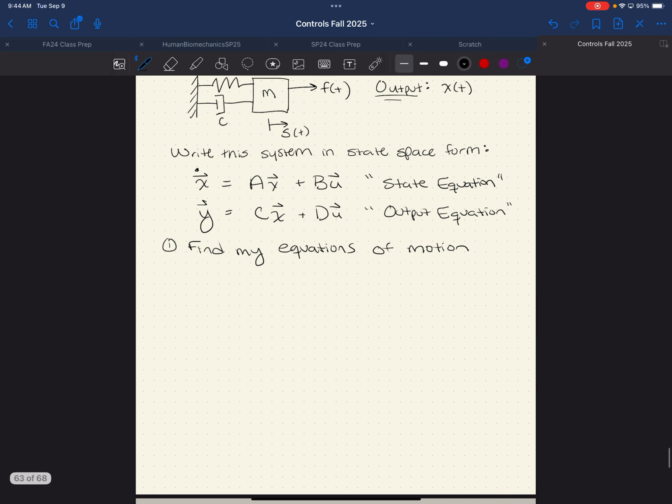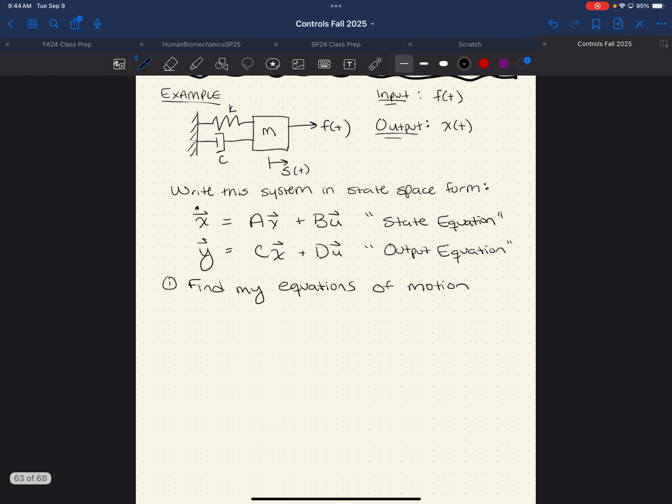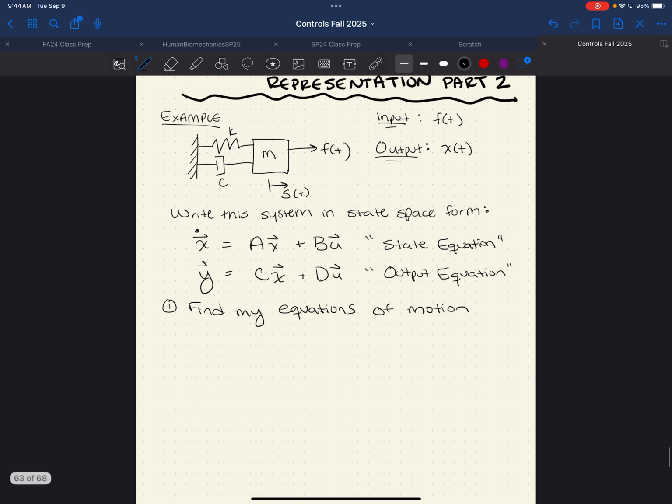So let's work through that. Is what's above, is that a free body diagram? No, it's just a picture of a system. If I'm going to draw a free body diagram, I need to choose the inertia that I'm drawing the free body diagram for. And there's only one thing that has mass in this system, so we're just going to draw M. And then I need to draw not the objects that are connected to it, but the forces that are connected to it.